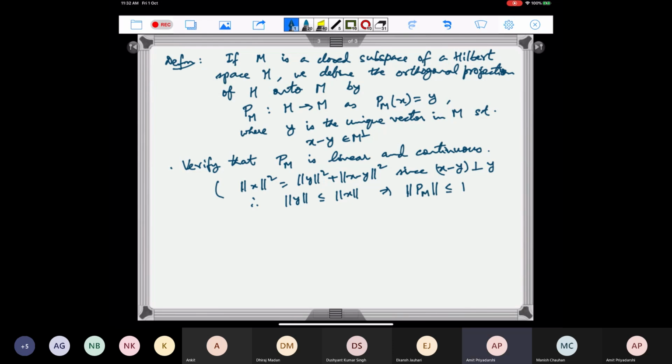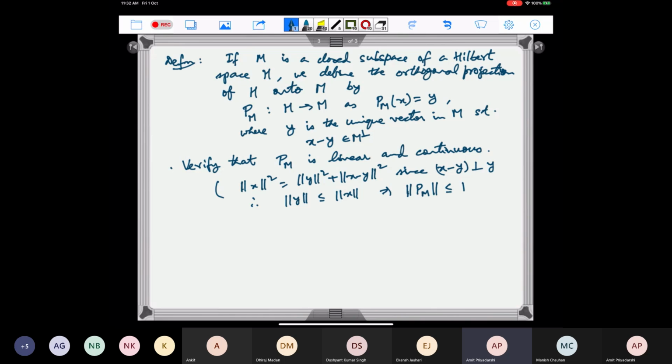And if you take a unit vector in M, then PM restricted to M is the identity map.